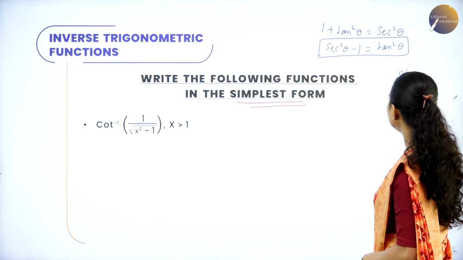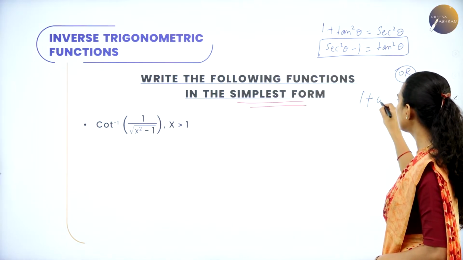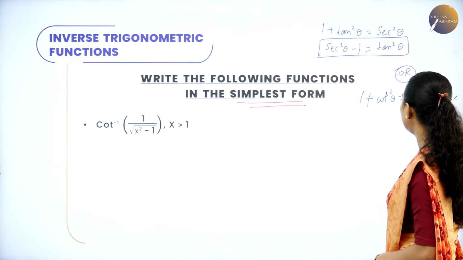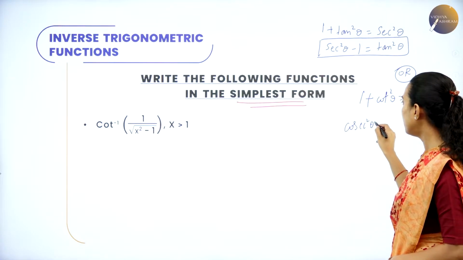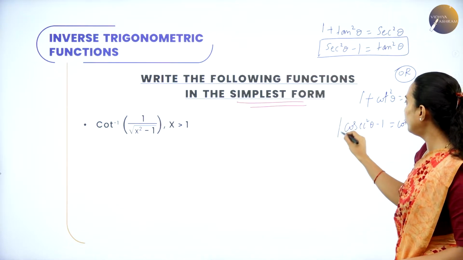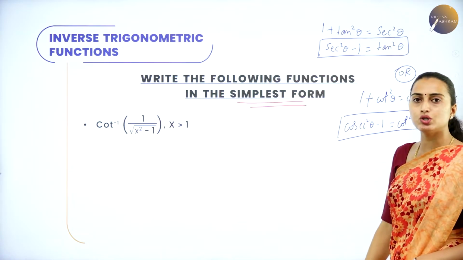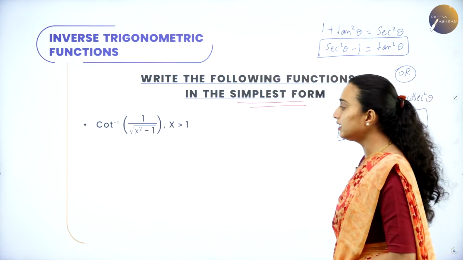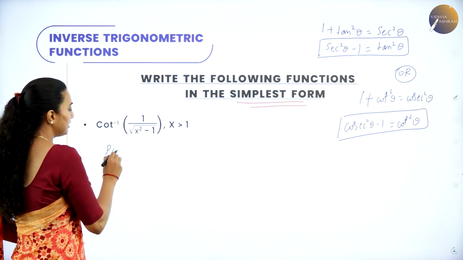Or you can substitute as, you already know 1 plus cot squared theta is equal to cosecant squared theta. Otherwise, cosecant squared theta minus 1 is equal to cot squared theta. So, either I can substitute x equal to secant or x equal to cosecant. Here I am going to substitute x equal to secant. Okay.